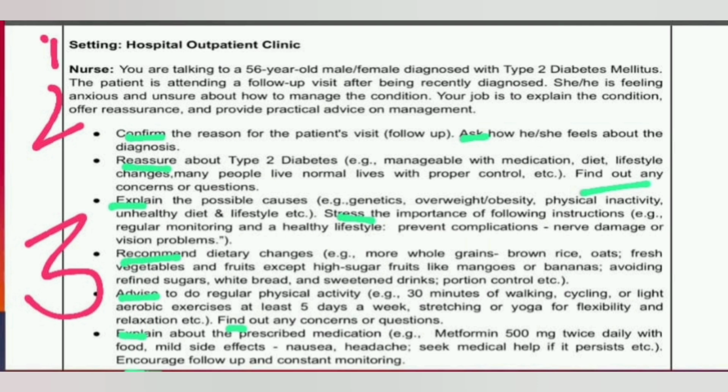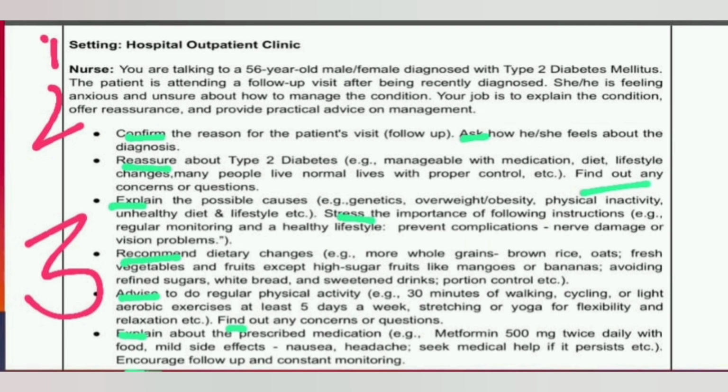Next is the third task, that is based on explain. So explain is a main action verb. Okay. So explain the possible causes. For example, genetics, overweight, obesity, physical inactivity, unhealthy diet and lifestyle, etc. So here we have to explain regarding the causes. So we have to start like this.